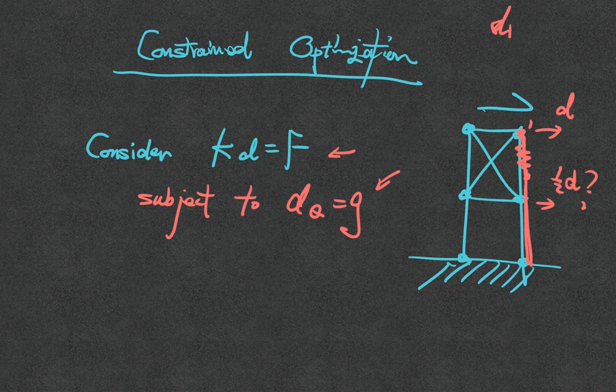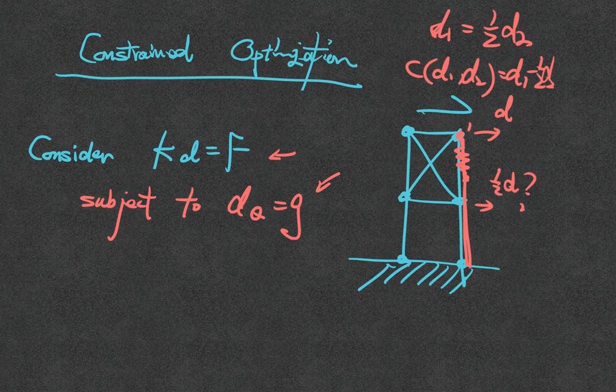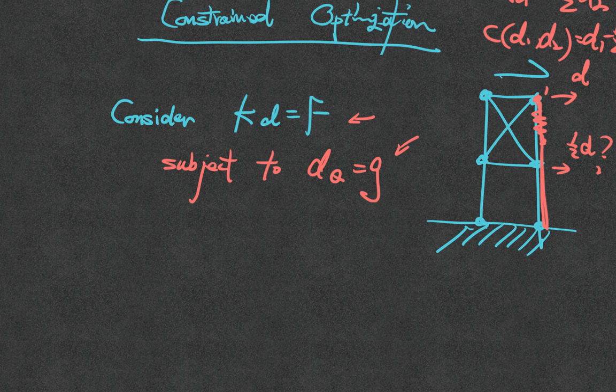I want D1 equals 1/2 of D2, so the constraint I write is D1 minus 1/2 D2 equals 0. Does that make sense? It doesn't need to equal 0, it could equal 5, but you can subtract 5 from both sides and get the expression equal to 0.